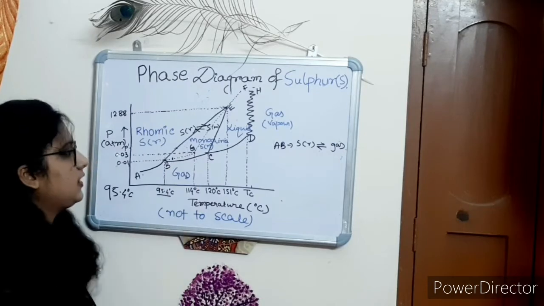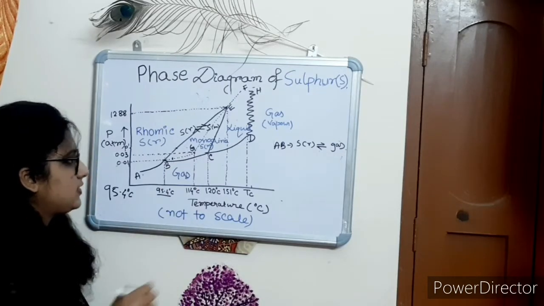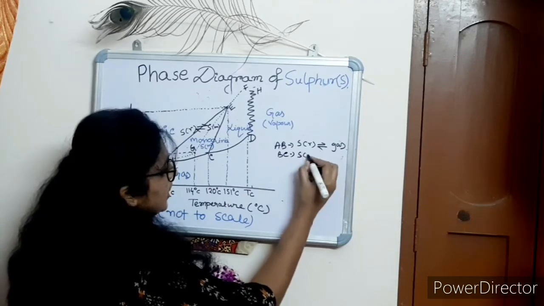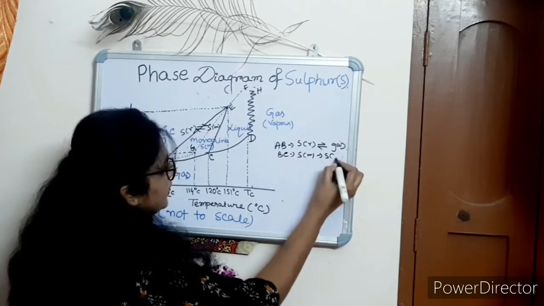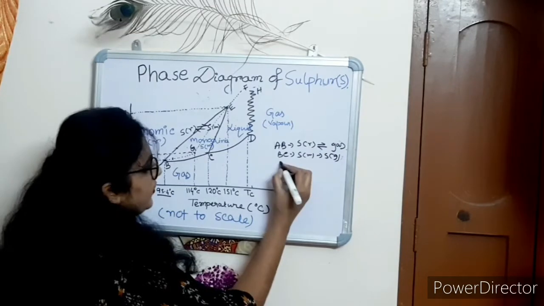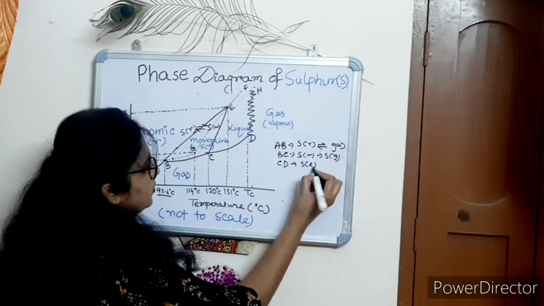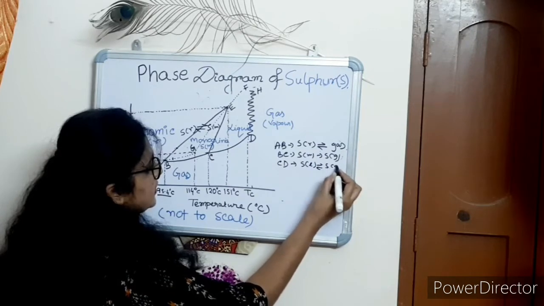What is BC? BC is sulfur in the monoclinic state to sulfur in the gas state. CD is sulfur in the liquid state to sulfur in the gaseous state.